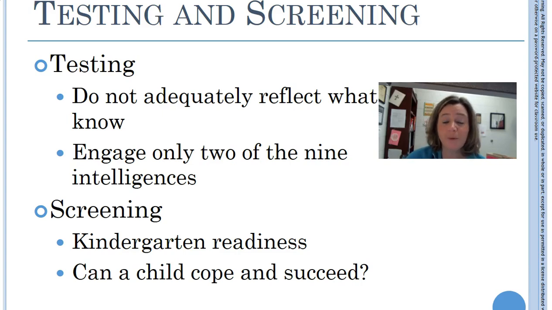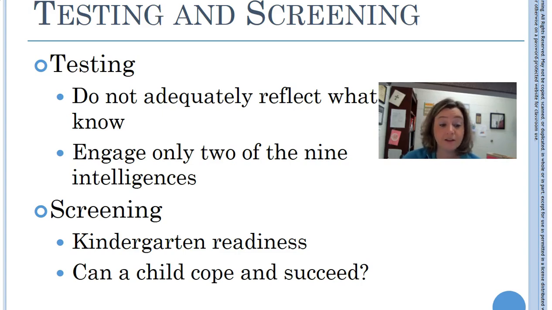So that's one of the biggest problems with testing. The other one is that testing really only uses 2 of the 9 intelligences that Howard Gardner talks about. I think that's a really important thing to remember when we're looking at testing, that we're not giving every child the opportunity to prove what they know.